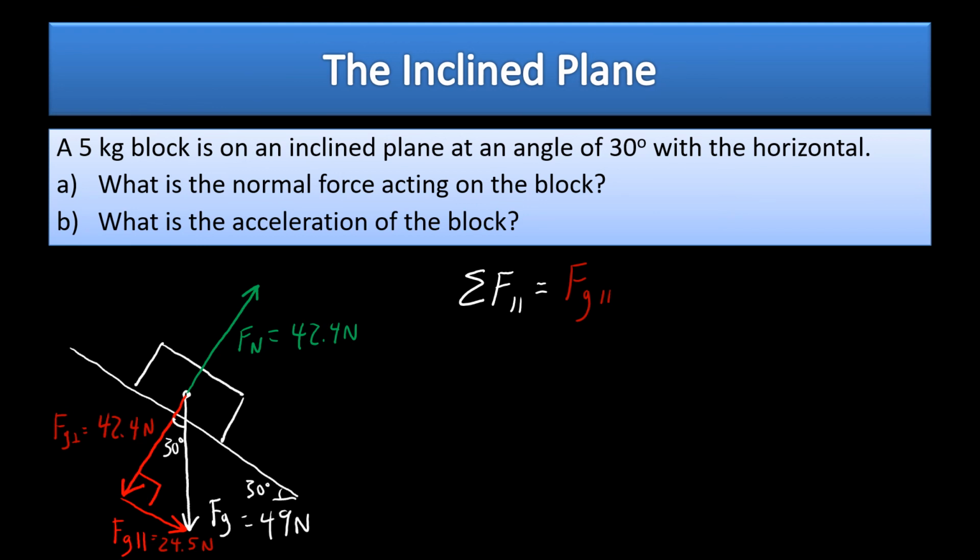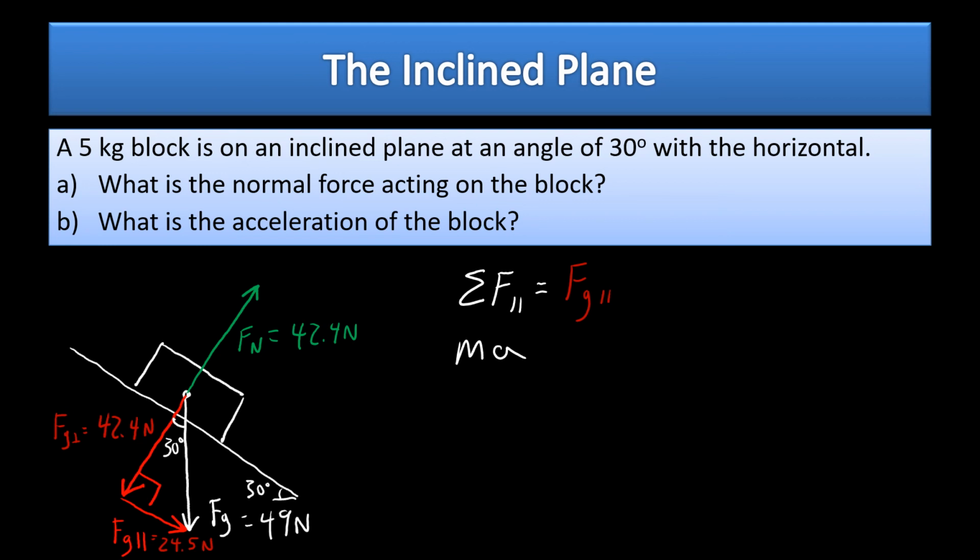But what do we know about the parallel direction now? Is it in equilibrium? Well, if this is truly the only force acting on that block and there's no friction, we know that it's not in equilibrium. And if it's not in equilibrium, this force isn't balanced out by anything else. Therefore, the net force isn't zero, it's equal to m times a.